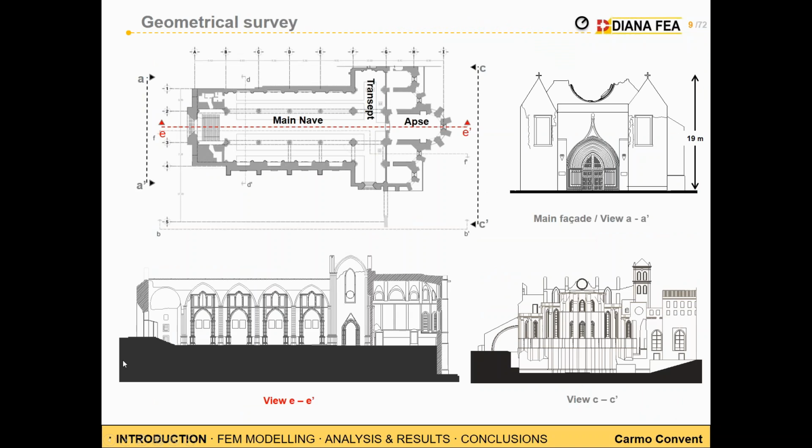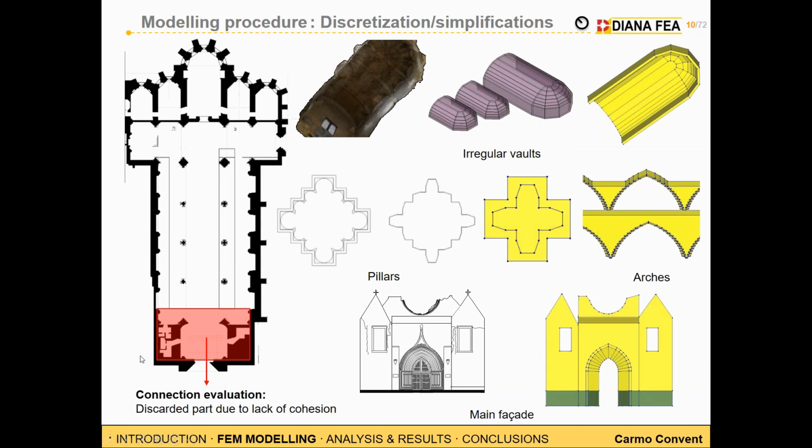So let's start going to the detail of the structure. As you can notice, the geometry is really complex, and therefore we need to simplify the geometry of Carmo Convent in a more appropriate and conscious way.